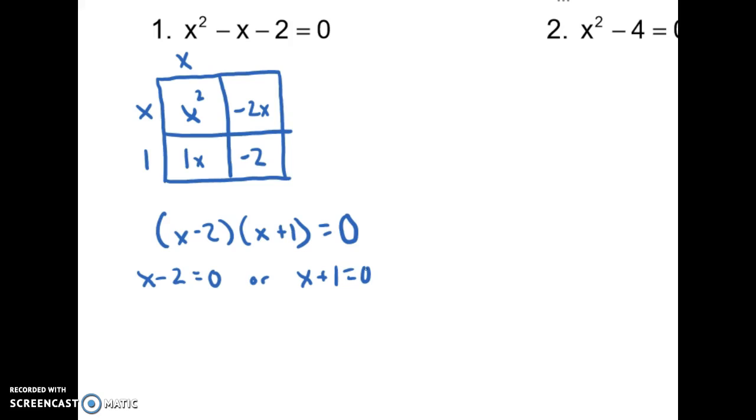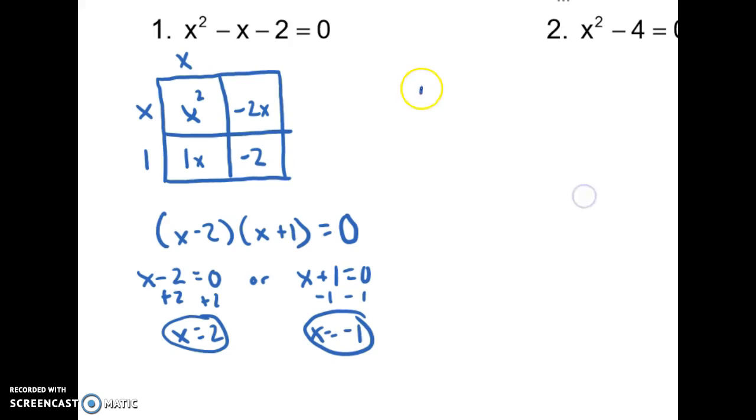When I solve this, I'm going to treat it as any old linear equation I've been doing for a really long time. I'm going to add 2 to both sides. And over here, I'm going to subtract 1. What we end up having is our solution to our quadratic equation.